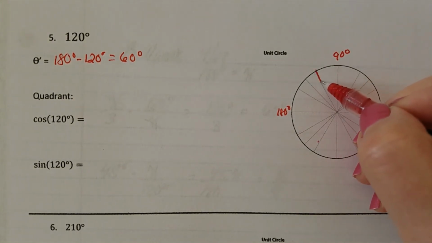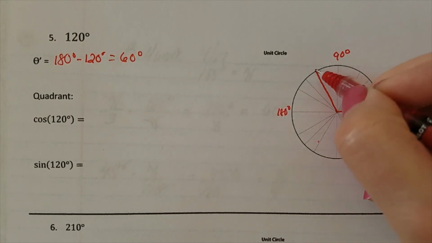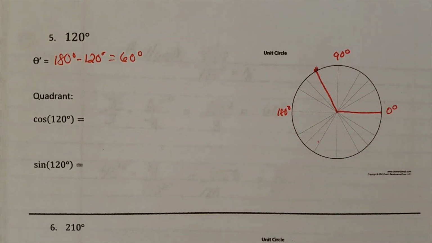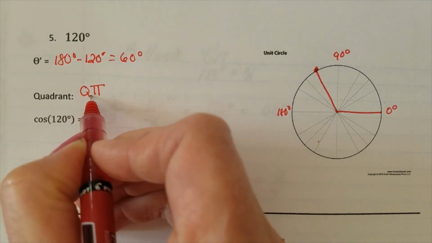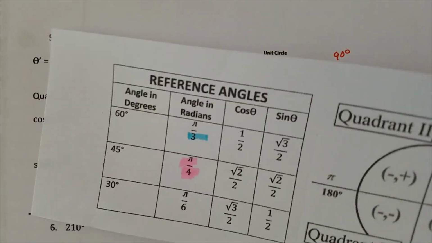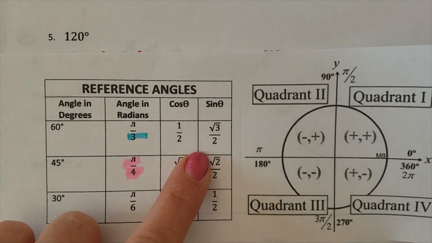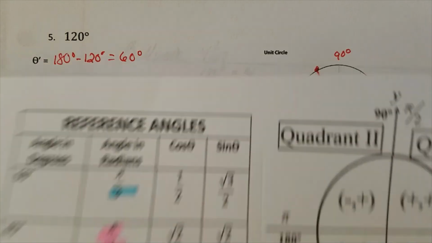That is the same as we just did, 2 pi over 3. So we are in quadrant 2. And with a reference angle of 60 degrees, cosine is 1/2, sine is square root 3 over 2.